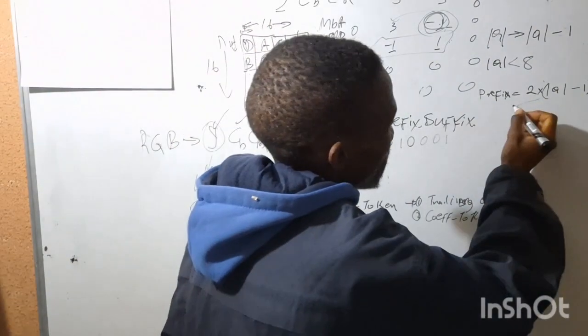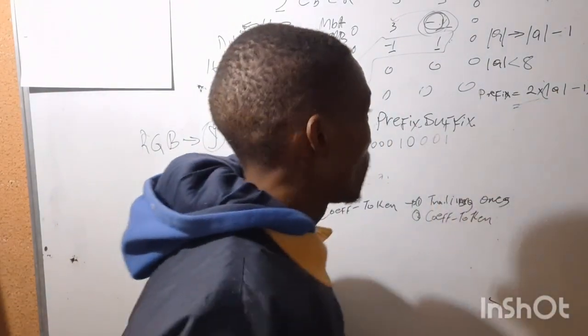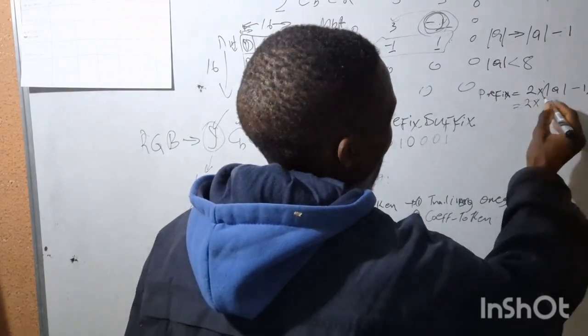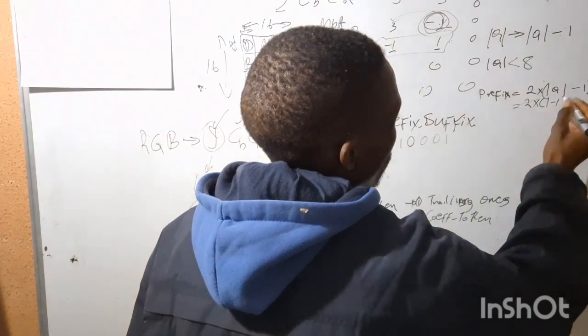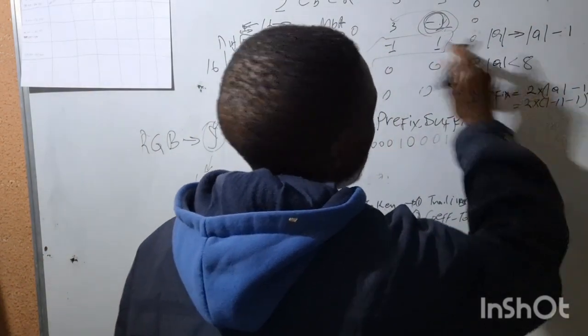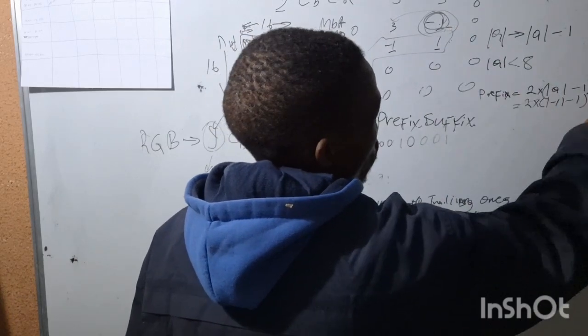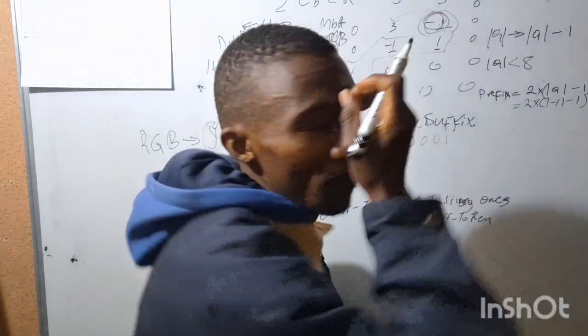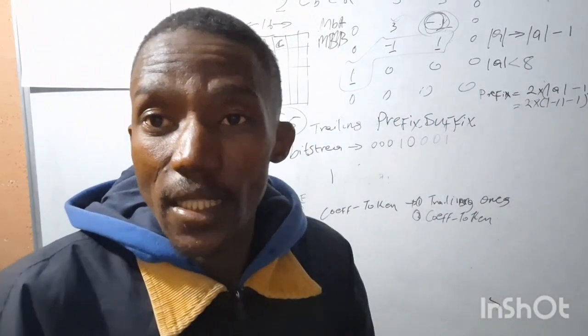So now let's look at this value. Here we are trying to encode -1. So we say 2 multiplied by the absolute value of -1, minus 1, plus the sign bit. The sign bit here should be 1, because it's a negative number.